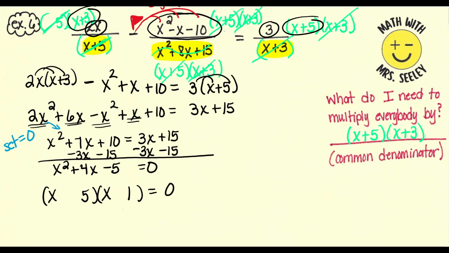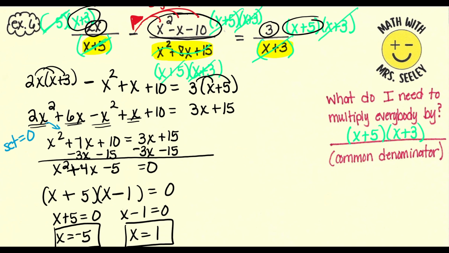Now you want positive 4. So you need for the positives to win that thing. So 5 take away 1 is 4. Set each one equal to 0. Subtract your 5. Add your 1. But again, we need to check these answers. We need to make sure that when we plug those back in, it doesn't give us a 0 in the denominator, because that would make us undefined.